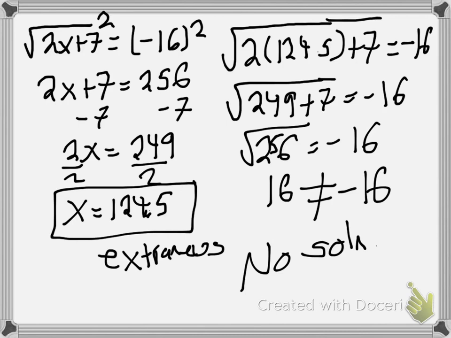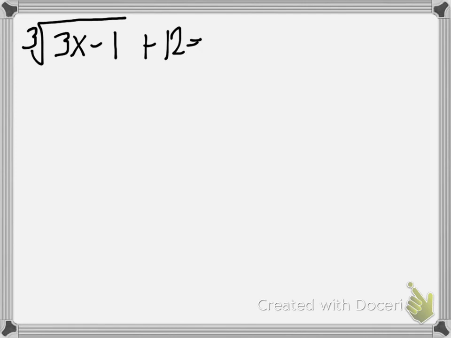All right, so let's move on and take a look at the very next one, number 16. Number 16, we get the cube root of 3x minus 1 plus 12 is equal to 14. Again, we're going to isolate that root by itself, so we're going to subtract 12 from both sides.